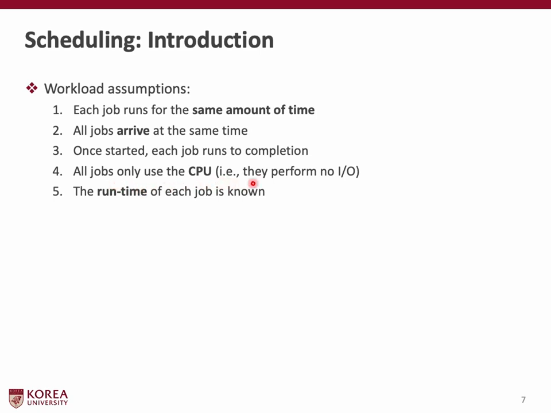In other words, we assume there is no I/O operation. And finally, we know in advance exactly how long each job will run on the CPU. That is, its runtime is already known. These assumptions are pretty strong, but don't worry, we will relax them one by one as we go.